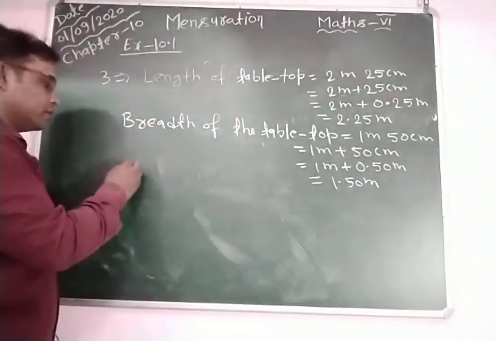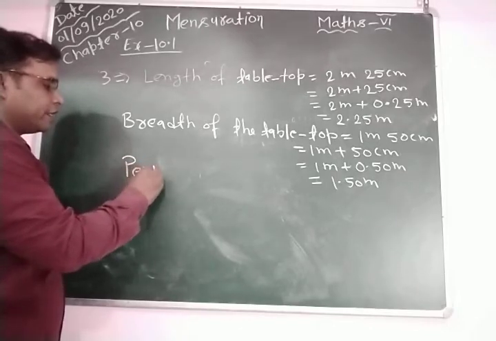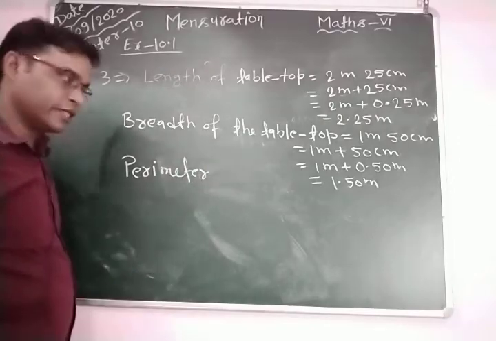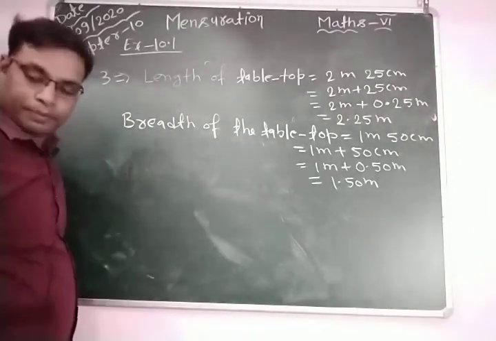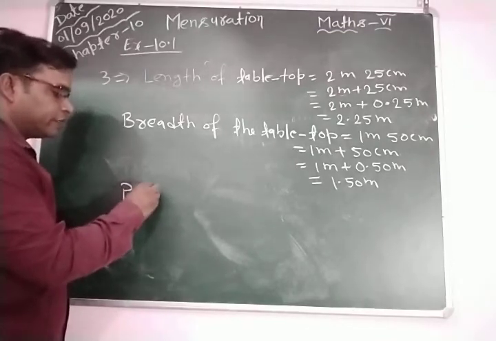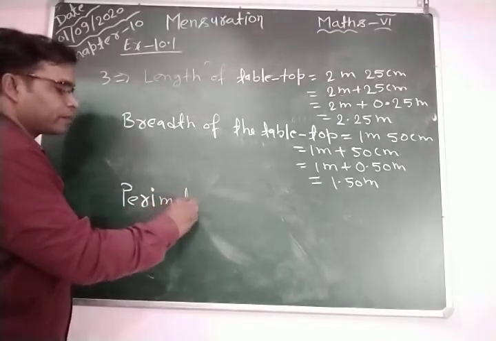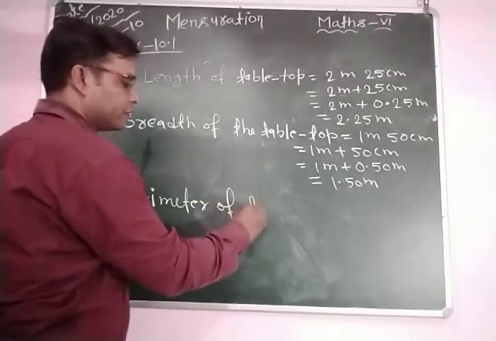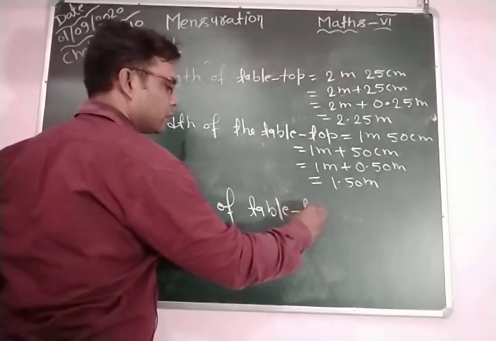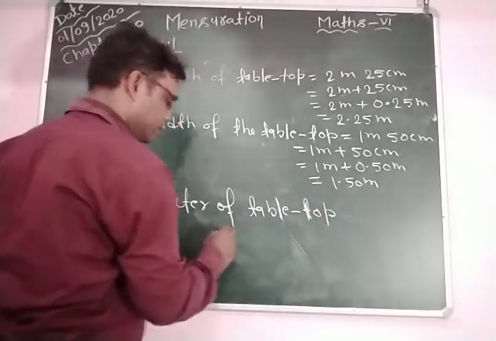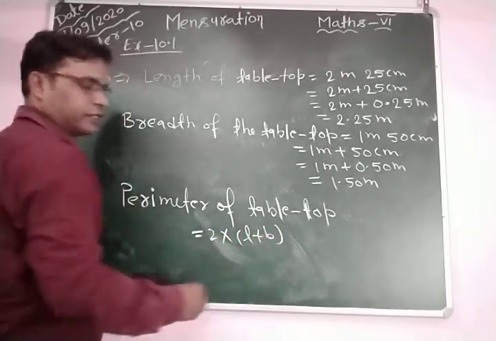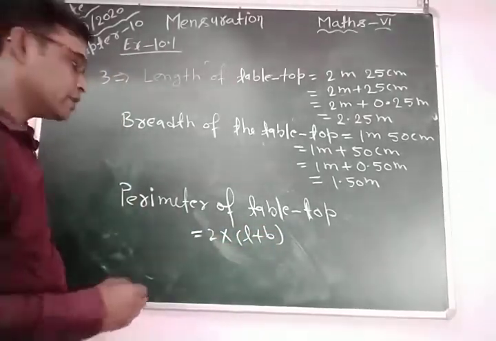Perimeter of tabletop is equal to 2 into length plus breadth.